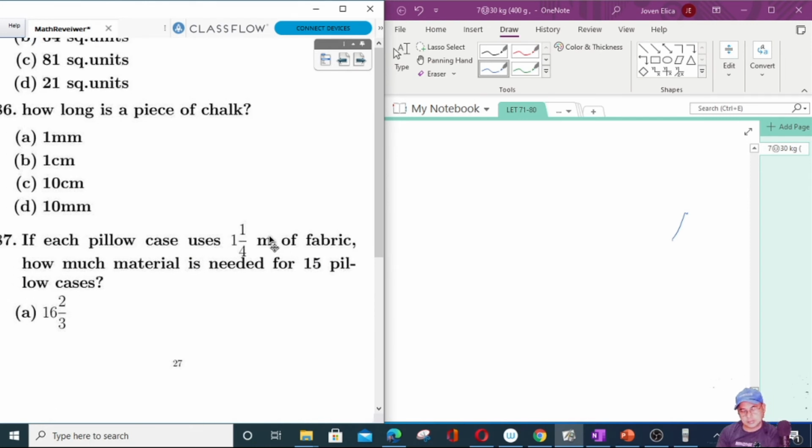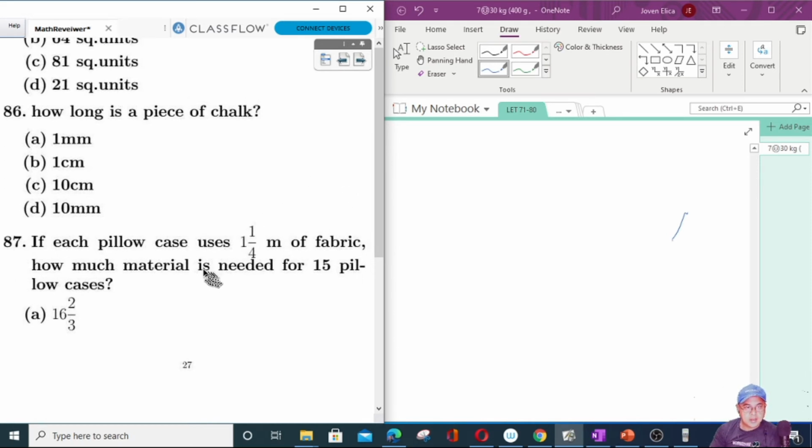Number 87. If each pillowcase uses 1 1/4 meter of fabric, how much material is needed for 15 pillows?